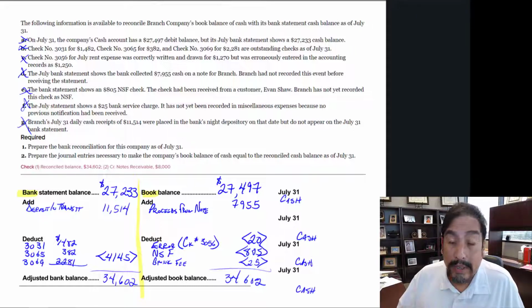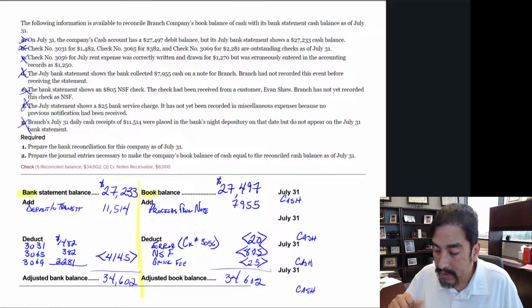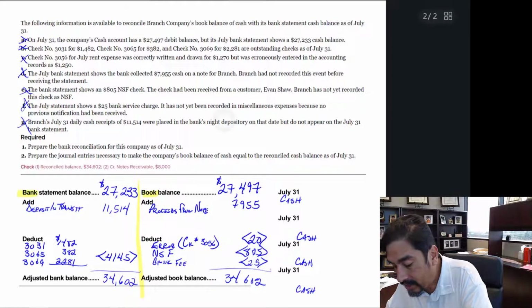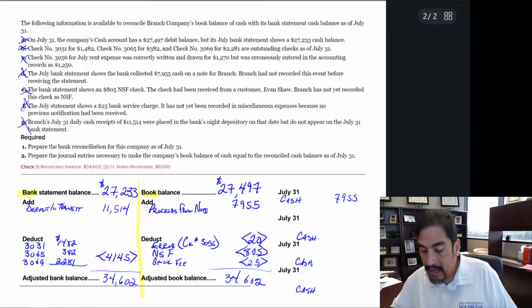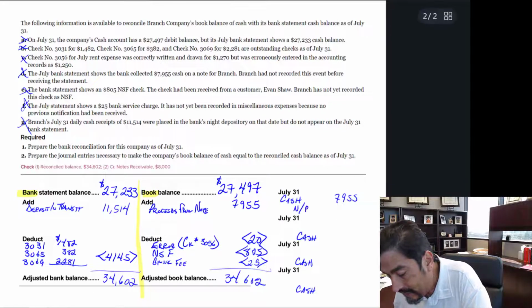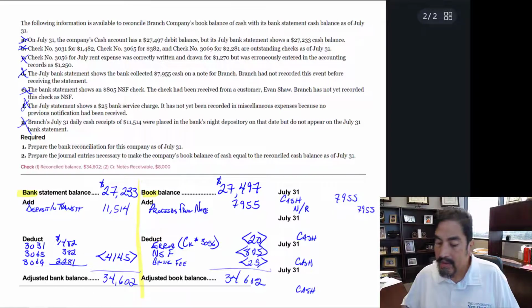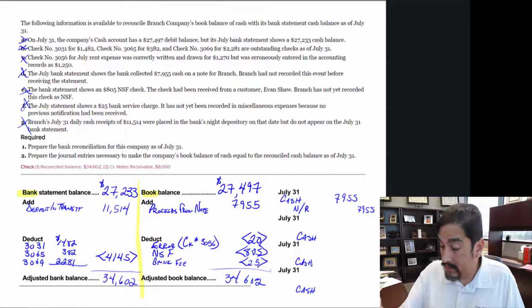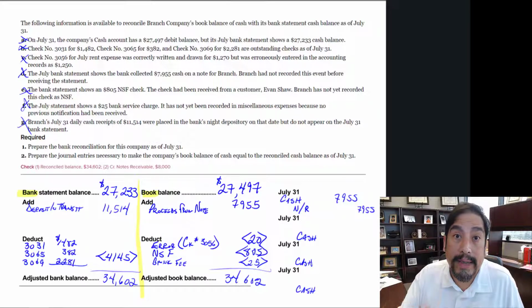So for the first one, proceeds from note receivable, we're going to debit cash for $79.55, and we're going to credit note receivable for the same amount. That is what whoever we lent to paid us, and so it reduces what they owe us.